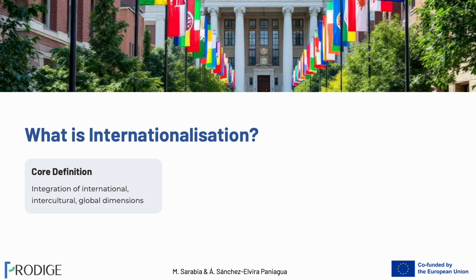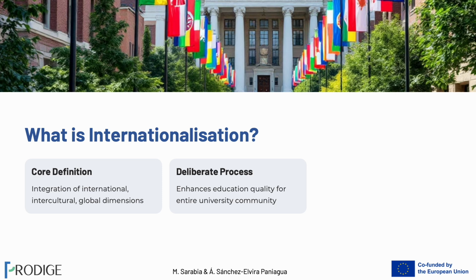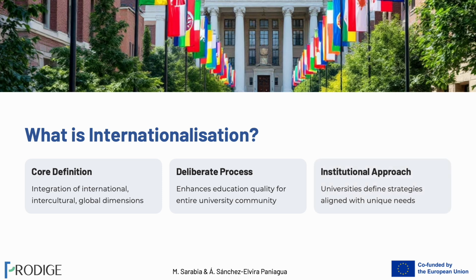Building upon this definition, we emphasize that internationalization should be a deliberate process aimed at enhancing the quality of education and research for the entire university community while making a meaningful contribution to society. The methods and motivations behind this process may vary from one institution to another. More than ever, universities are defining their own internationalization strategies, aligning their actions with their unique capacities and needs.